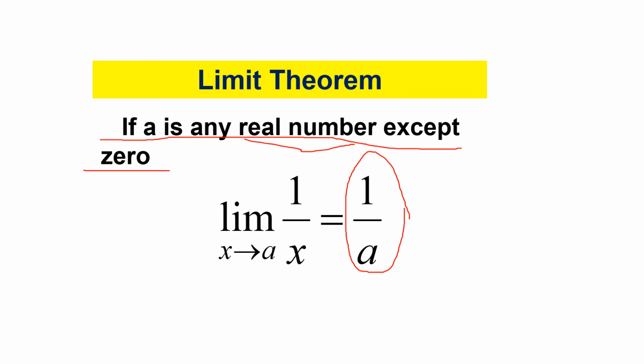That's why a is any real number except 0. For us to use this theorem, we need to check that the value of a is not equal to 0. It can be less than or greater than 0, but not equal to 0, for us to provide a value of a limit which is not undefined.